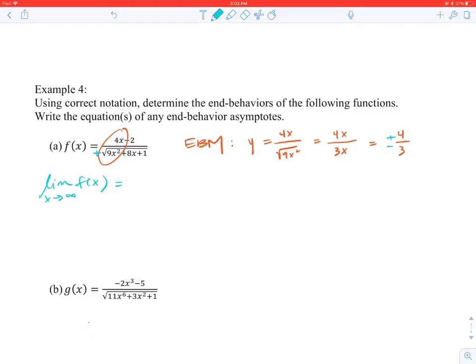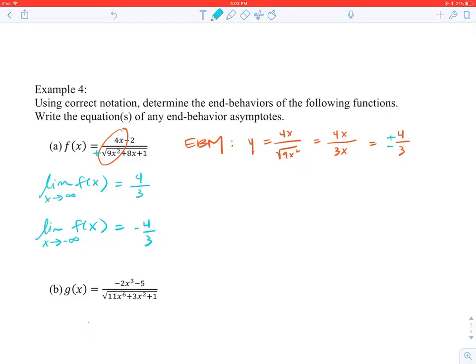So positive divided by a positive gives us a positive. So the limit as x approaches positive infinity will be 4/3. However, the limit as x approaches negative infinity will be negative 4/3, because as x approaches negative infinity, 4x will approach negative infinity, but the denominator will be positive.